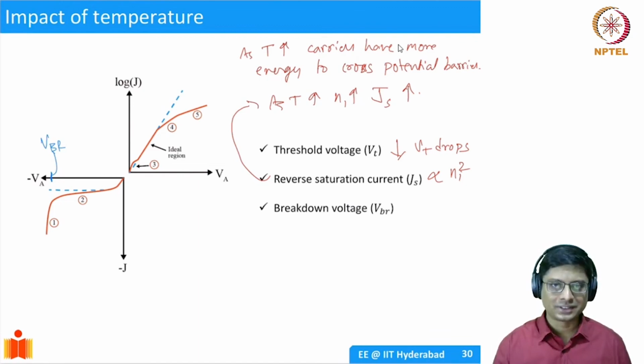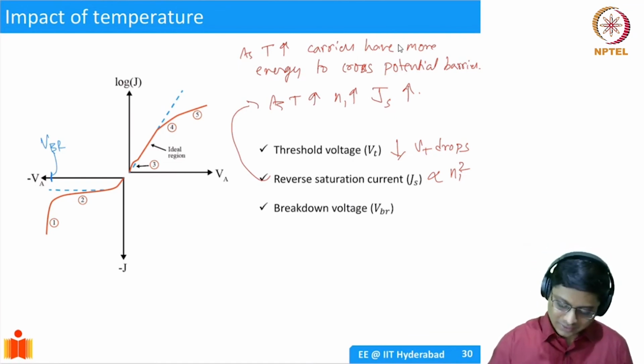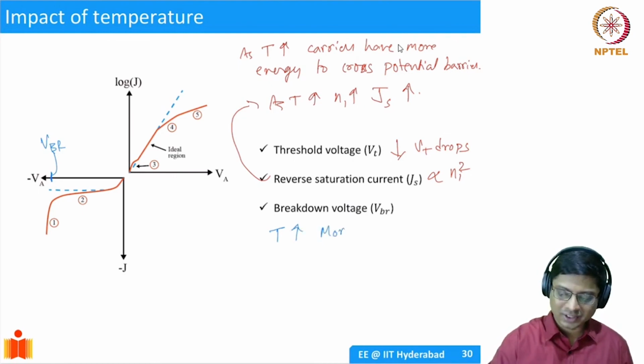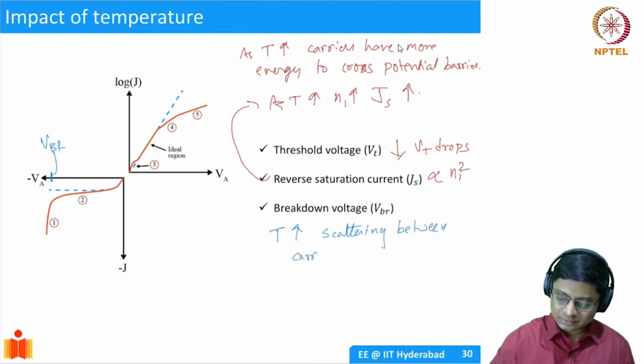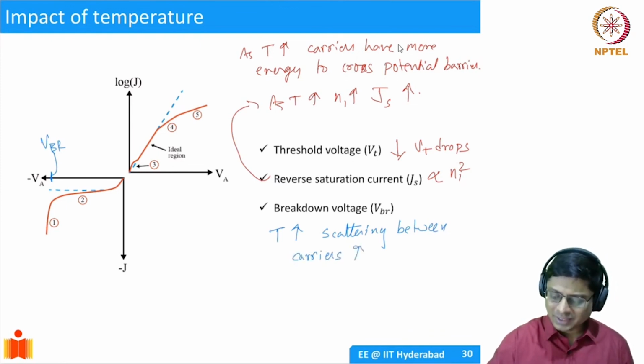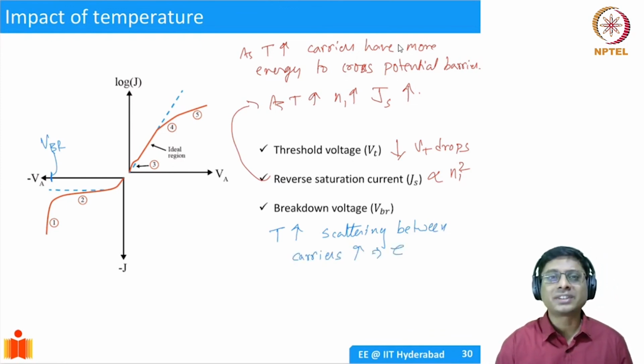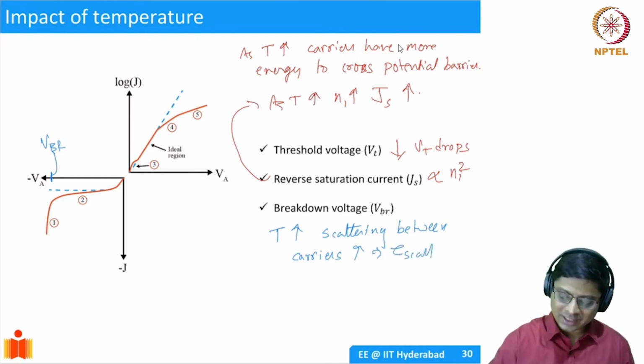But if you increase temperature, the carriers are going to scatter much more. The scattering time reduces, because of which the efficiency of the avalanche multiplication process is reduced. So as T increases, scattering between carriers increases. That implies tau, which is basically the time between scattering events, reduces.